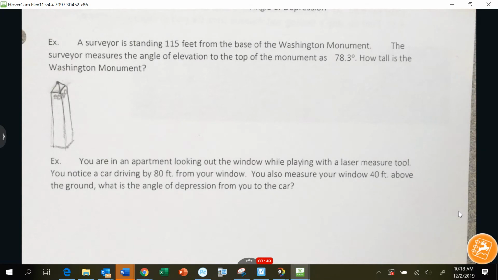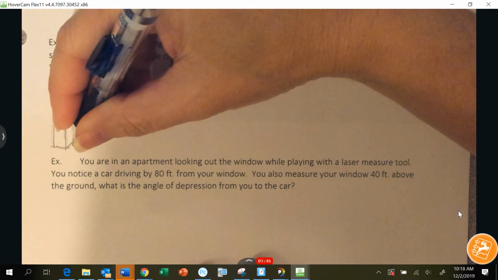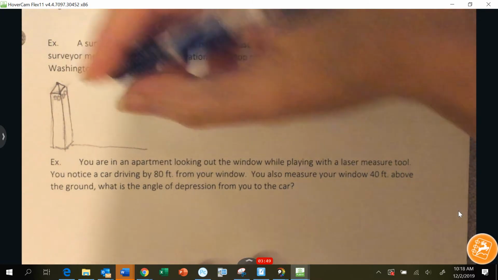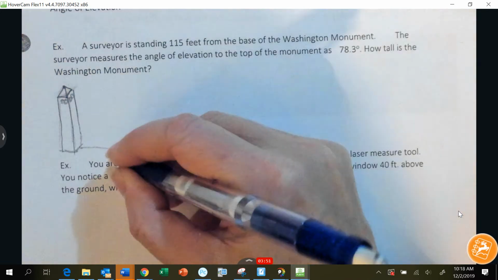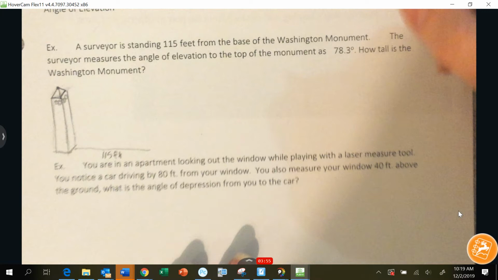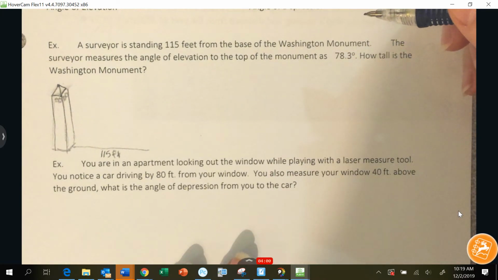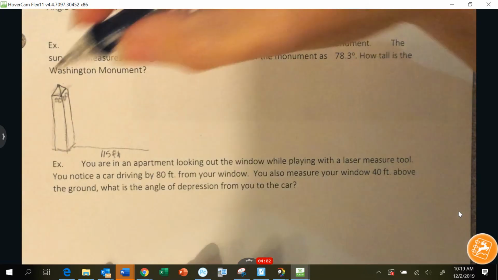The surveyor measures the angle. She is 115 feet from the base. So let's draw this surveyor. It does not say it's a he, it could be a she. She's standing 115 feet away, and it says the angle of elevation to the top of the monument is 78.3 degrees.